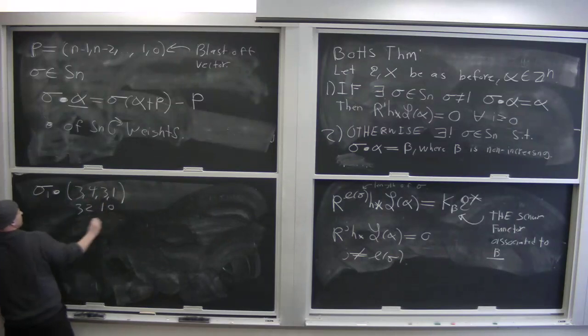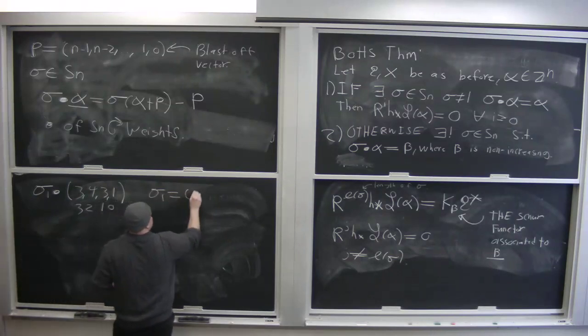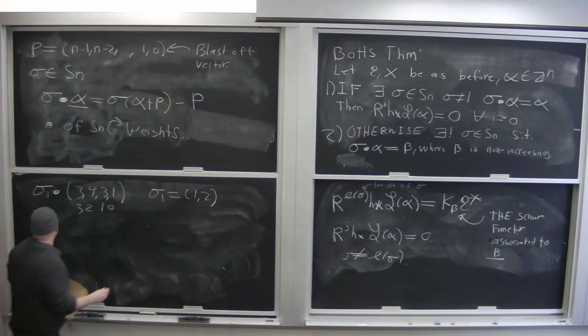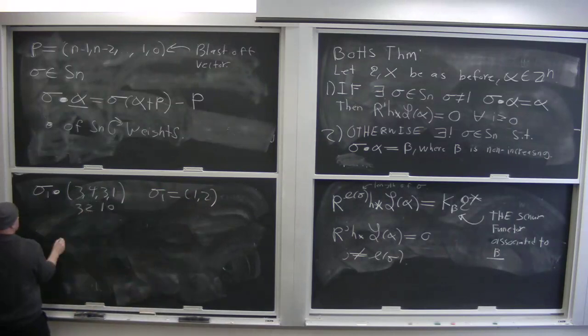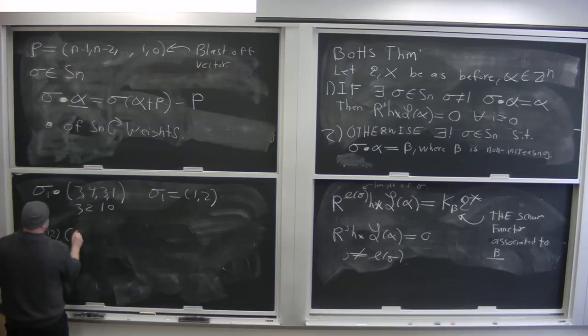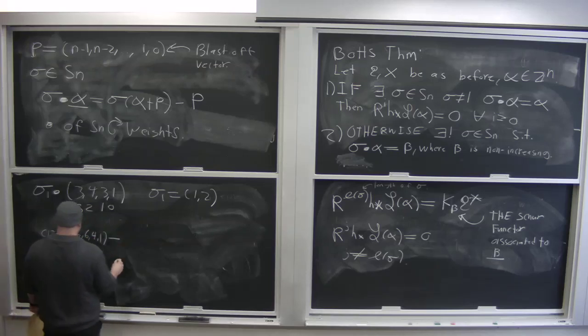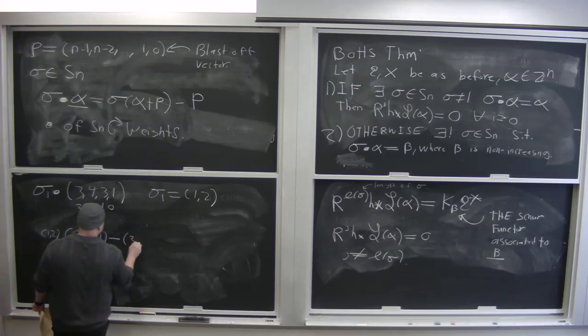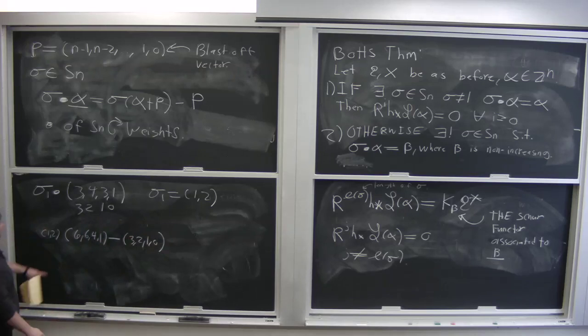So this is, let's say, sigma 1, 1, 2 applied to 6, 6, 4, 1 minus 3, 2, 1, 0. Okay, but now it didn't do anything here.